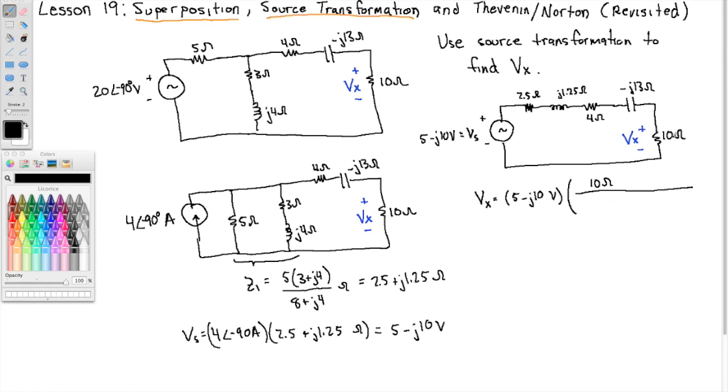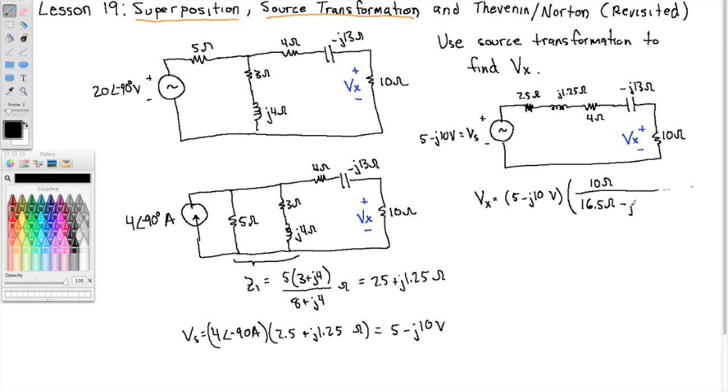So the real part would be 10 plus 4 plus 2.5. So that's 16.5. Okay, I guess I didn't have to draw the bar so long. Then the imaginary part is j1.25 minus j13.